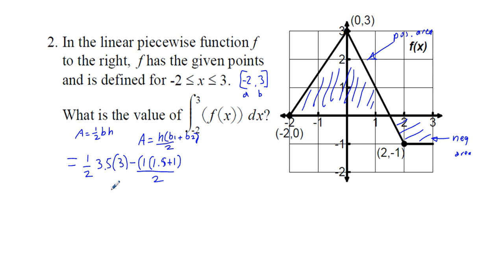If we simplify this, we get 10.5 divided by 2 minus 2.5 divided by 2, which is equal to 8 divided by 2, which is 4.